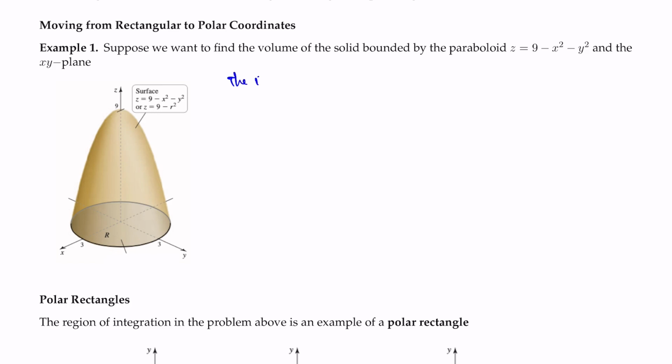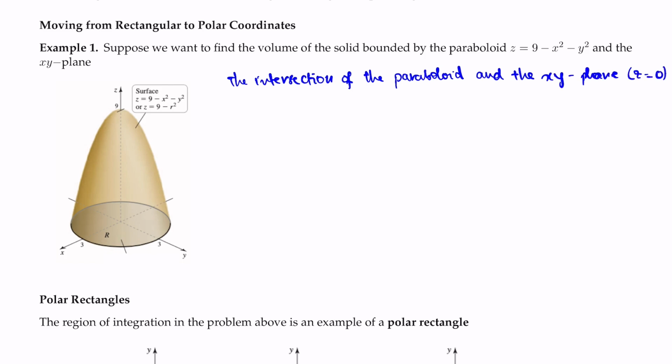So the region of integration is the disk of radius 3 in the xy plane, centered at the origin, and it has the form x squared plus y squared equal to 9.